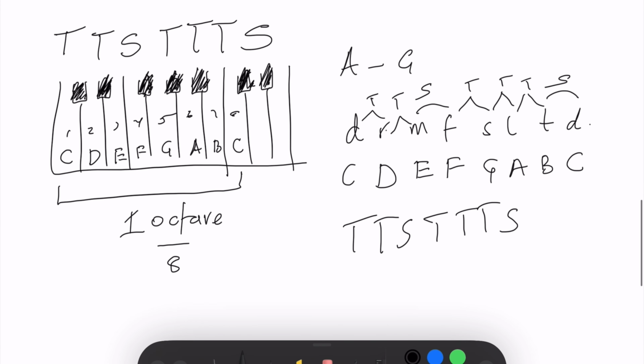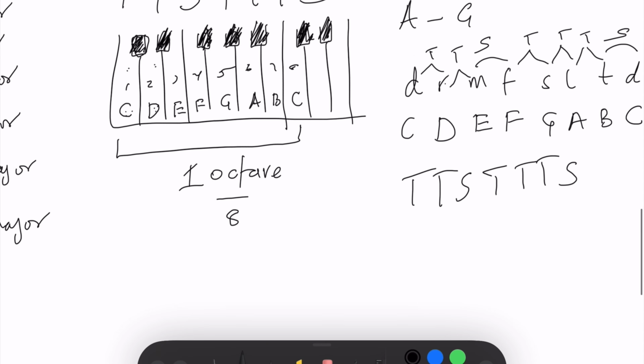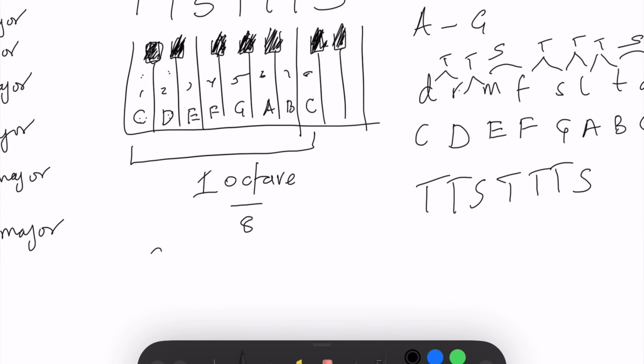Which means that between C and D is a tone from this dummy keyboard. The reason that is so is because you have a black key in between these two white keys, C and D. So the distance between C and D is a tone.